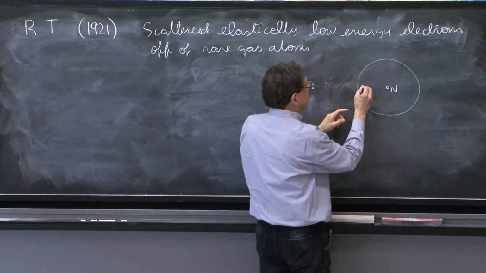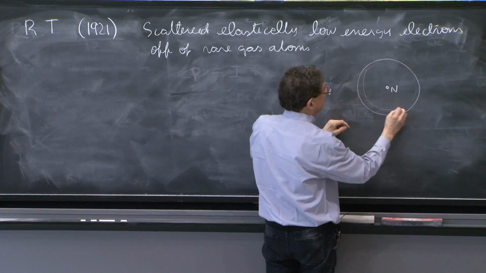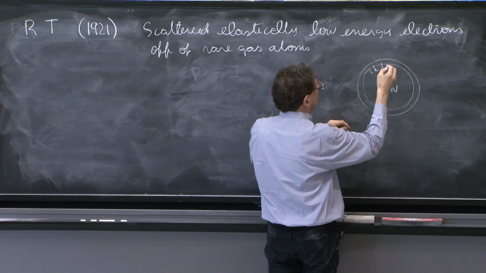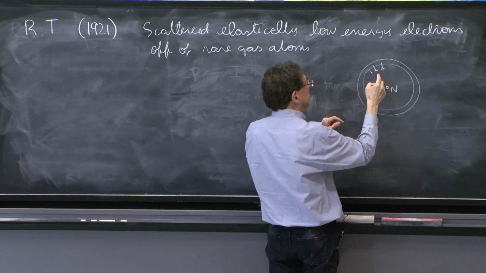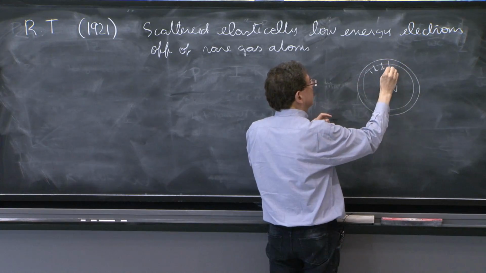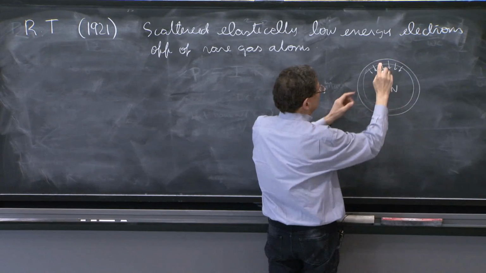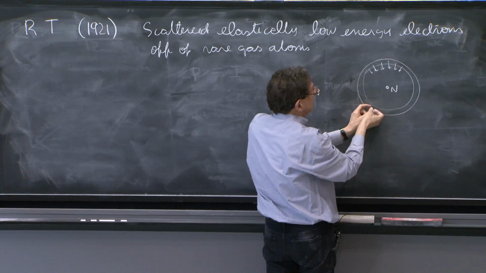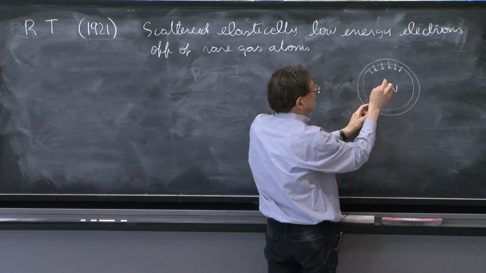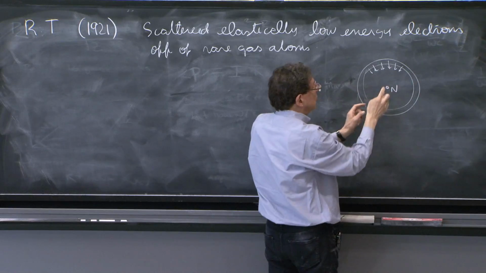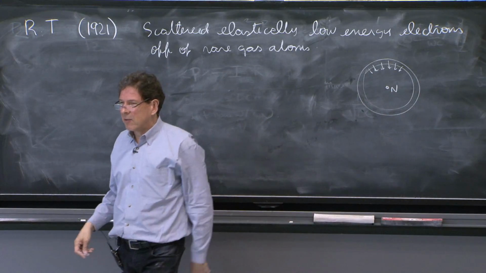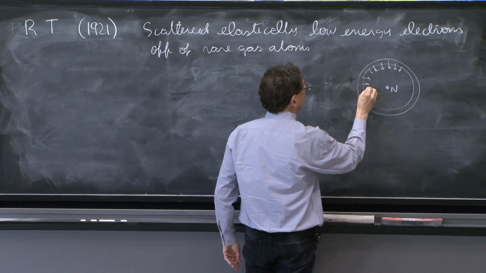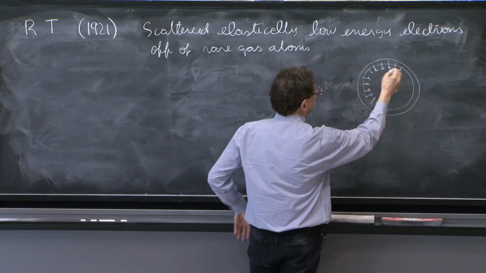And as soon as you penetrate this, the electron will feel a force inward, because the outside shell doesn't produce any field, but now the protons in the nucleus win out.